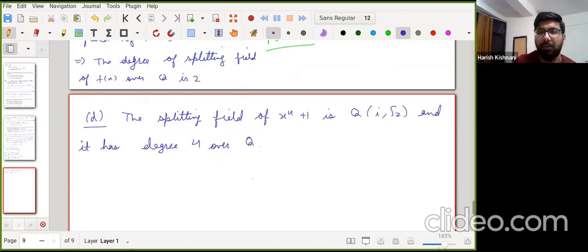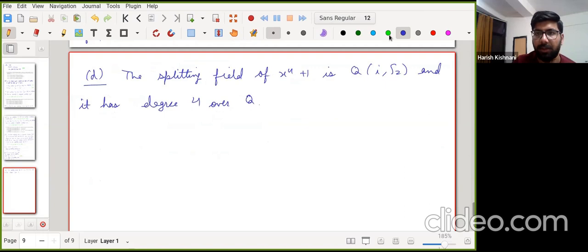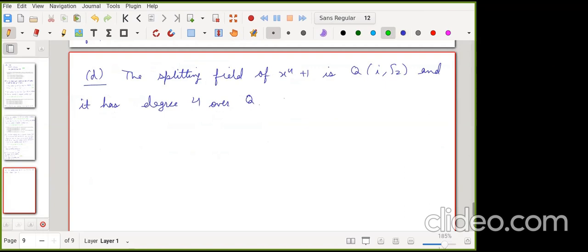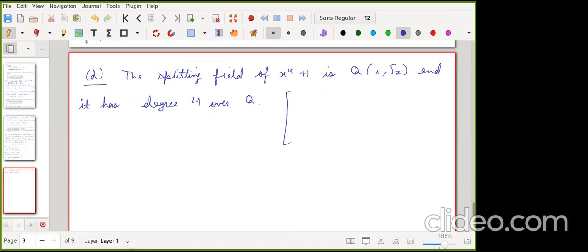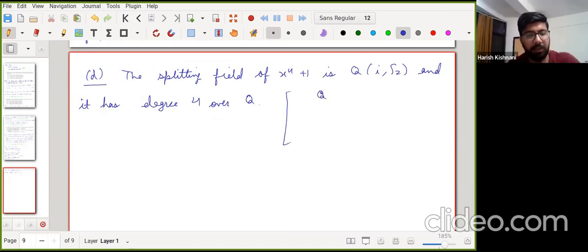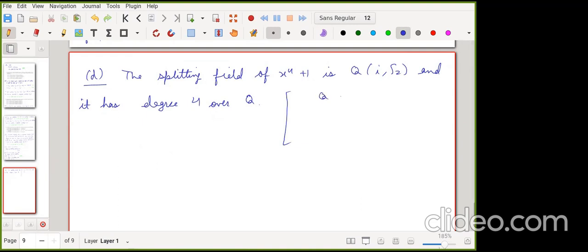Yes, so you just need to use the tower. I'm not going to say this again, but as we have seen this question, I think 3 to 4 times in the lecture and in the session also. But I can just construct that tower of fields for you.